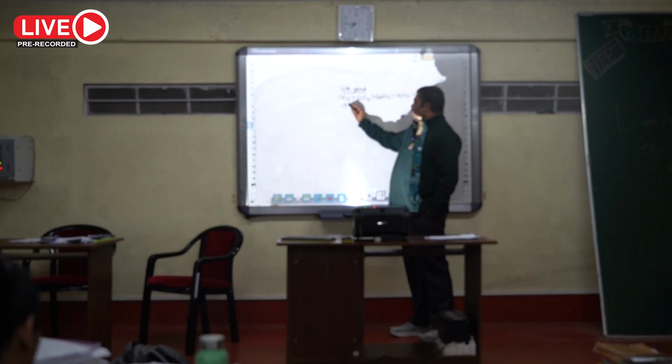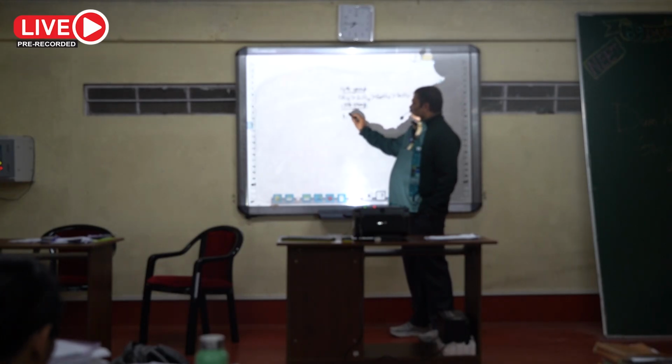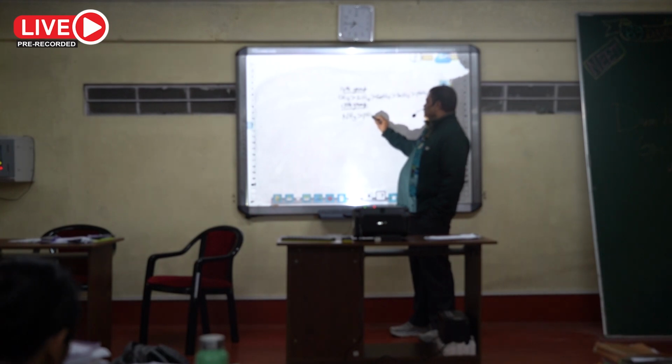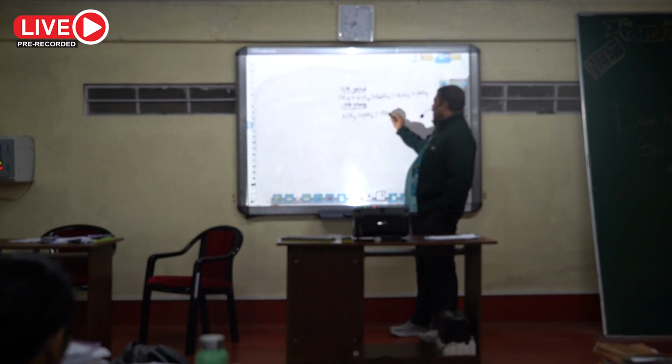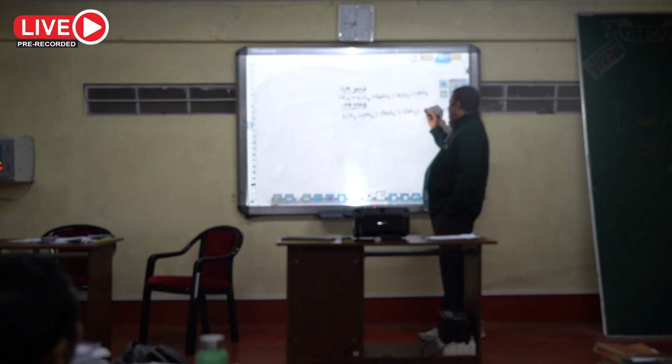In the 15th group, ammonia, phosphine, arsine, stibine, greater than bismuthine.